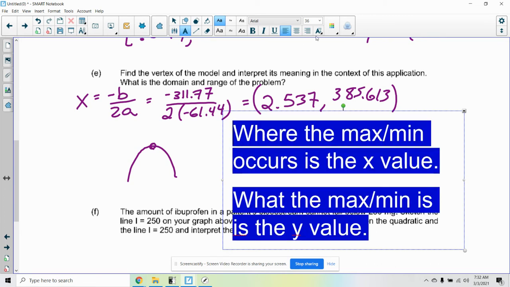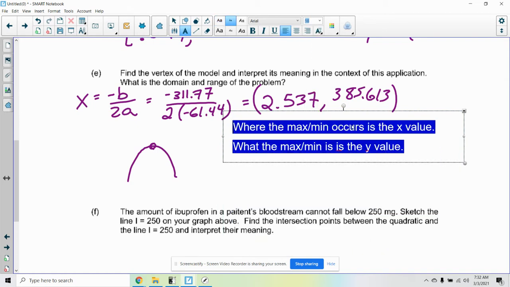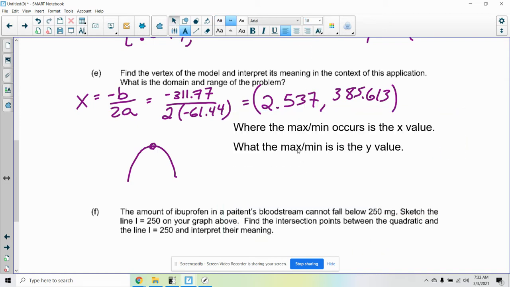So this is saying here that the maximum amount of ibuprofen in the bloodstream occurs at 2.537 hours. The maximum amount of ibuprofen that's in the bloodstream is 385.613 milligrams. So if I want to know when or where, it's your x value. What is going to be the y value?